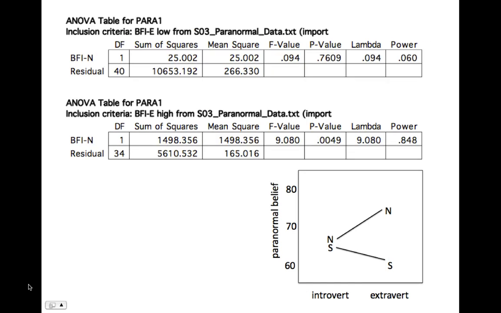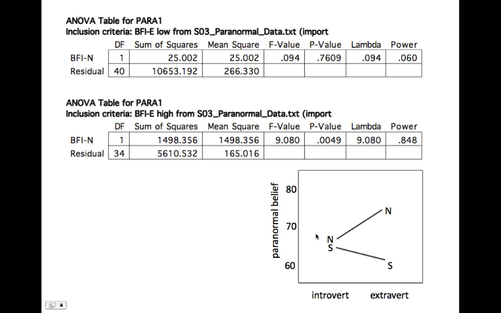We just finished looking at the effect of extroversion with people who scored low on neuroticism and high on neuroticism. In this last set of paired comparisons, we're looking at the effect of neuroticism for people who scored low on extroversion and people who scored high on extroversion. So if we look at this first paired comparison, we're looking at subjects who scored low on extroversion, in other words, the introverts. Is there an effect of neuroticism for people who scored low on extroversion?